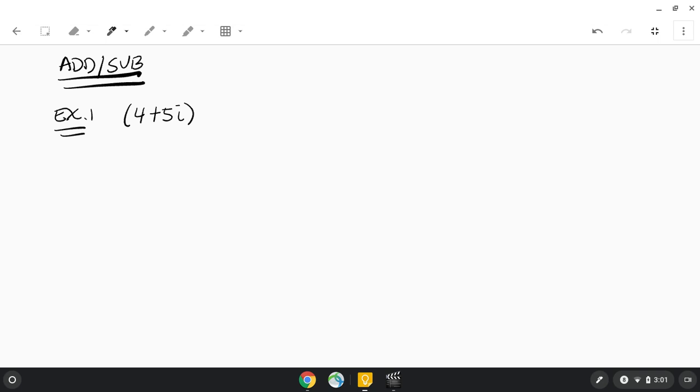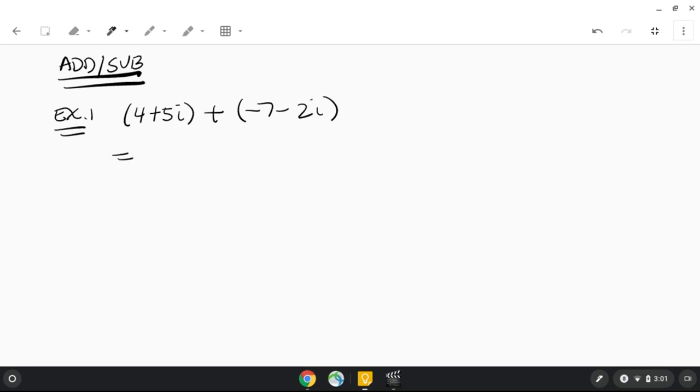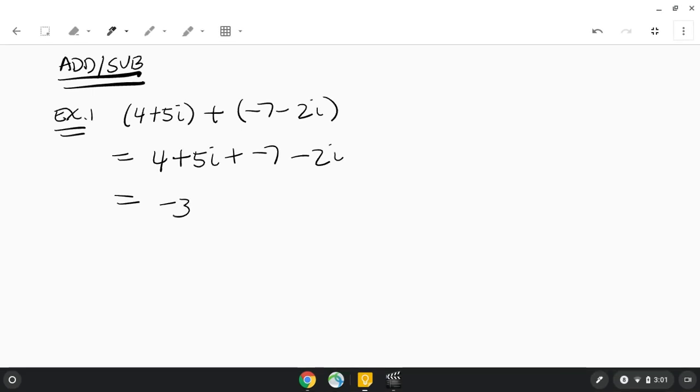Okay, so if I have this complex number, 4 plus 5i, and I want to add it with this complex number, -7 minus 2i, then I can go ahead and remove the parentheses. Okay, and I can combine the real parts together, and I would get -3.